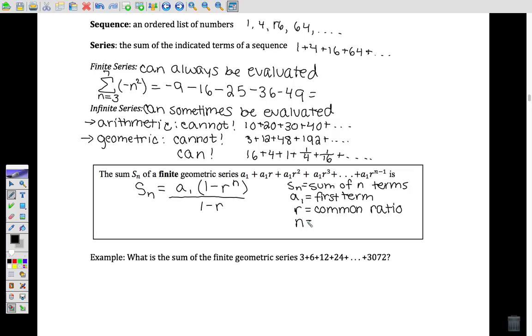And n is how many terms you want to add up, so the number of terms that are going to be a part of the sum. So that is the formula we use.